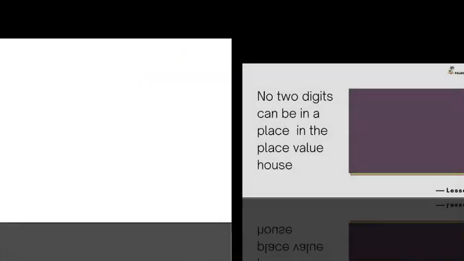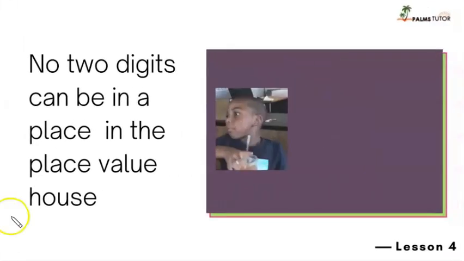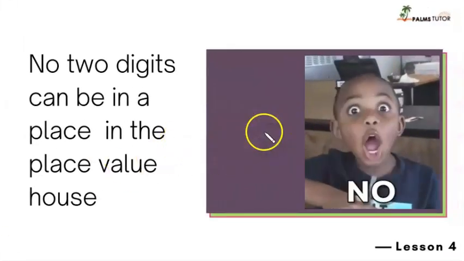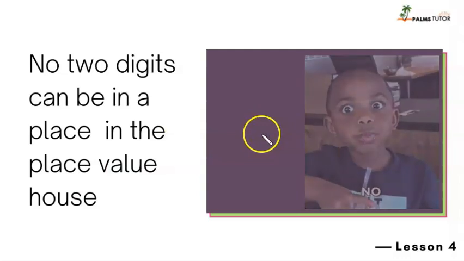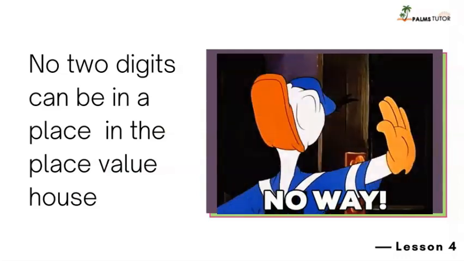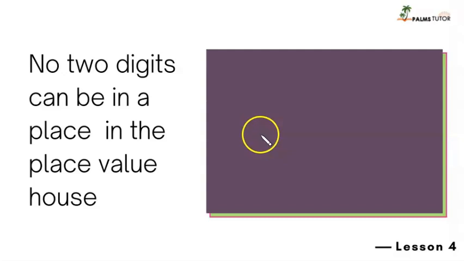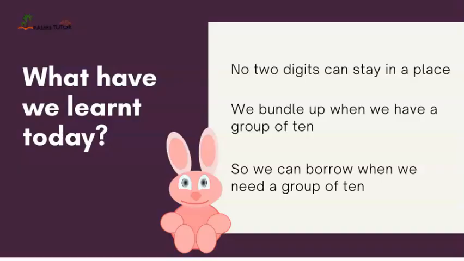That's why it's important that we know that no two digits can be in the place value house. Never! When we make a bundle of 10, we send it to the next place, just to our left. Okay. What have we learned today?